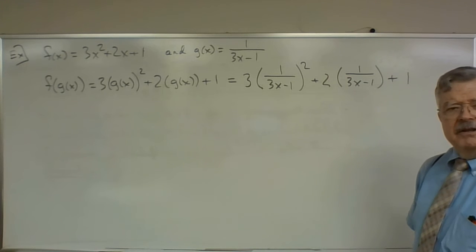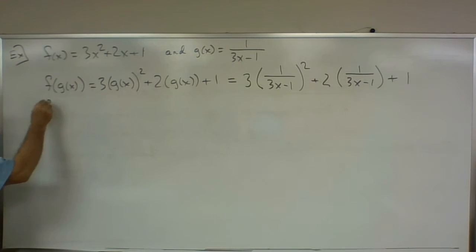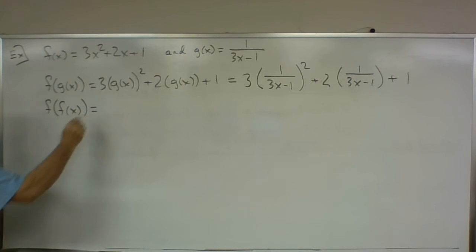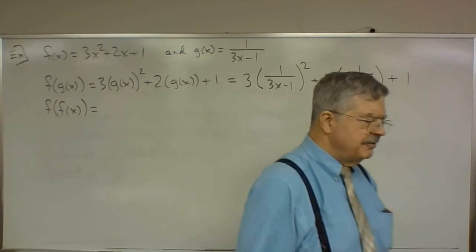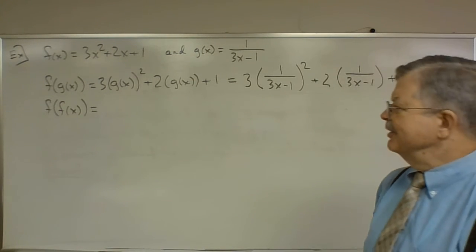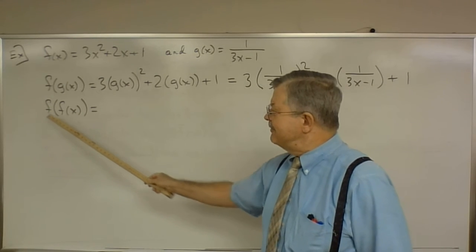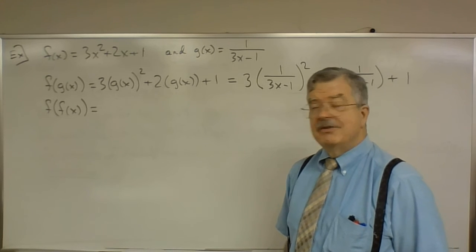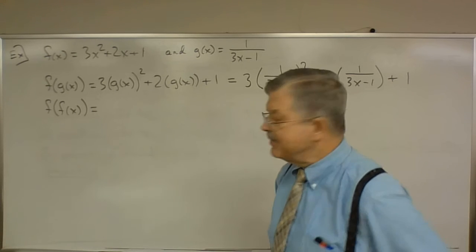Well, that was easy. Let's do another one. Now, when I was in calculus, this just used to throw me for a loop. How on earth can we evaluate a function at itself? Well, the same way that we evaluate a function at some other function.